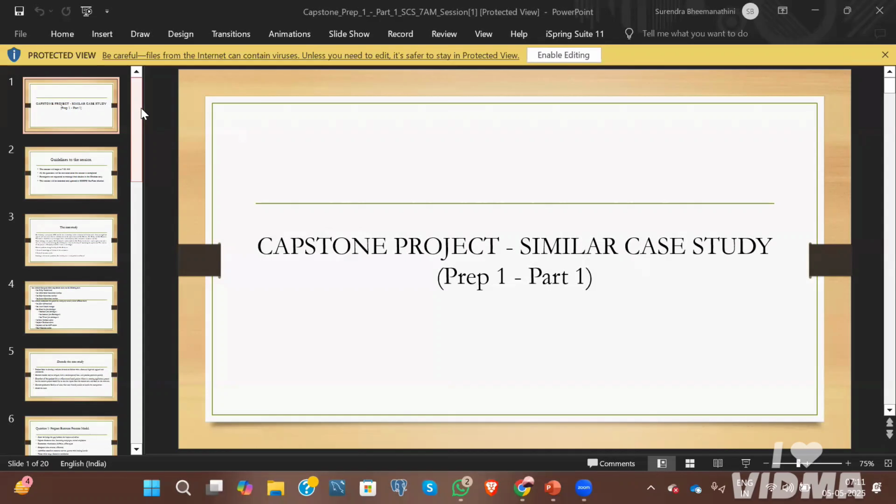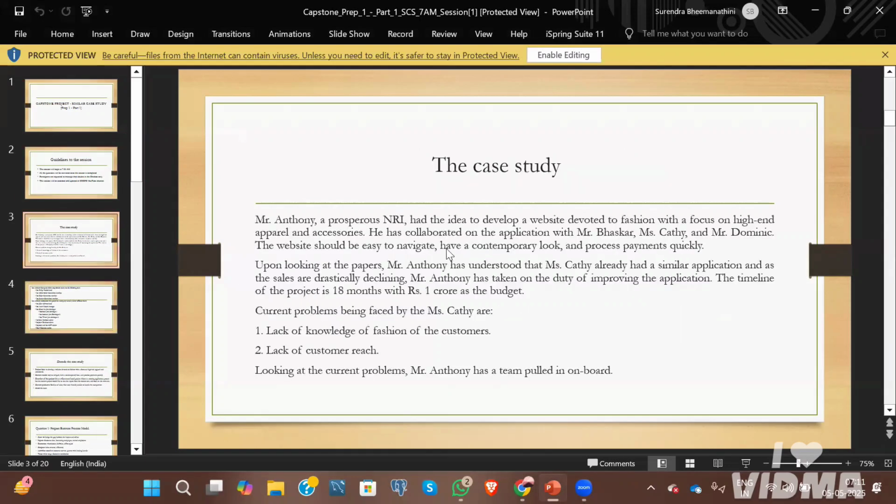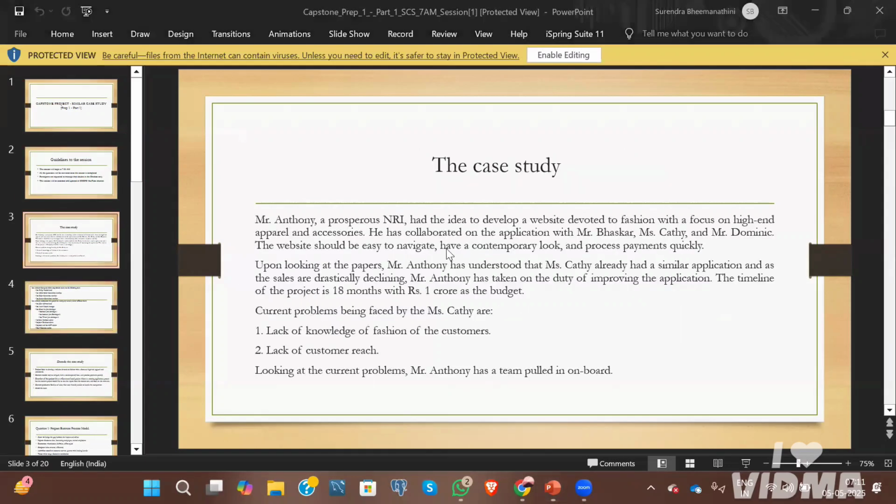These are the guidelines. Just go through them. And the second one is the case study. Akshay, you will receive this PPT.